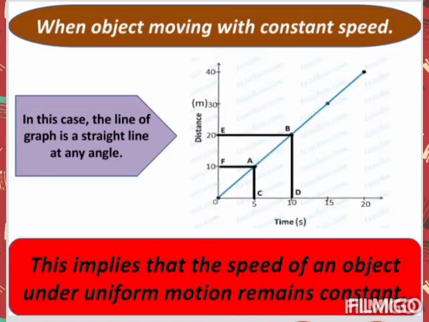There is a line that is inclined, or there is a slope. This is the line between distance and time. We take the different values of distance and time at different points, then we can easily find out the value of speed.